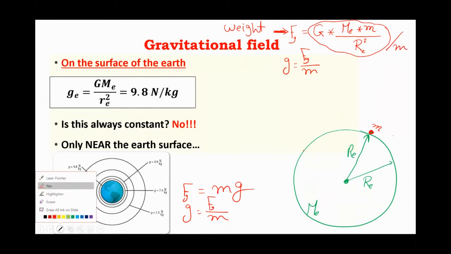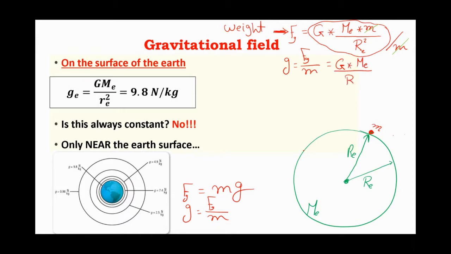When you divide it over the mass of the object, easily you can cancel this m with this m. So the leftover becomes what? G times the mass of the Earth divided by the radius of the Earth squared. So this is the formula for the gravity acceleration or the gravitational field.